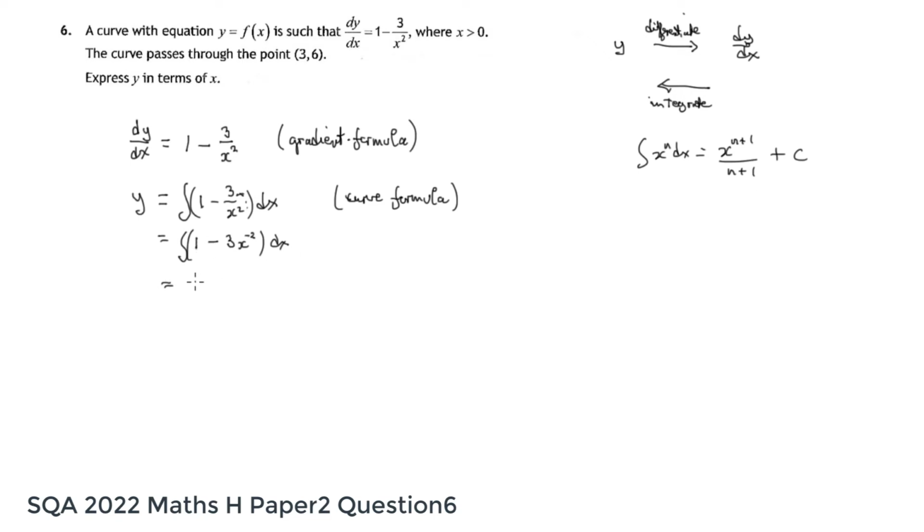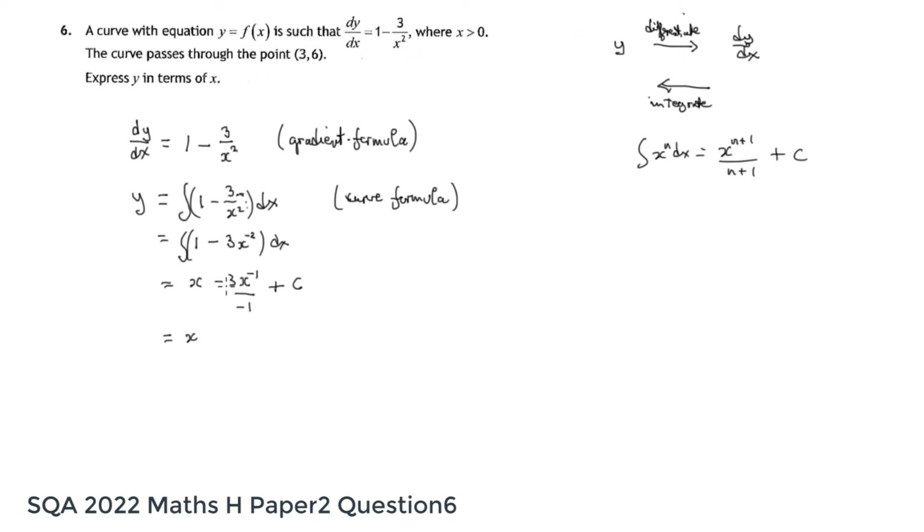If we integrate 1, we get x. Check, by differentiating x, you get back to 1. And integrating this, we'll have a negative 3, it just still sits at the front. Increase the power by 1, that gives you negative 1, and divide by the new power. And we need a constant of integration. So let's tidy this up.